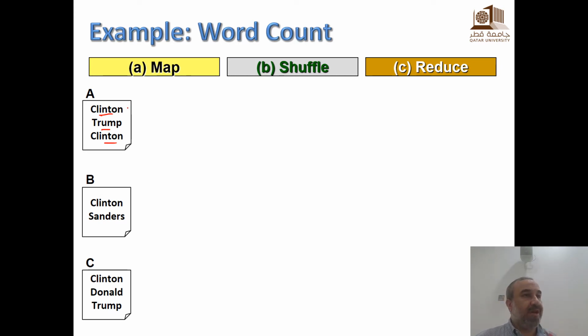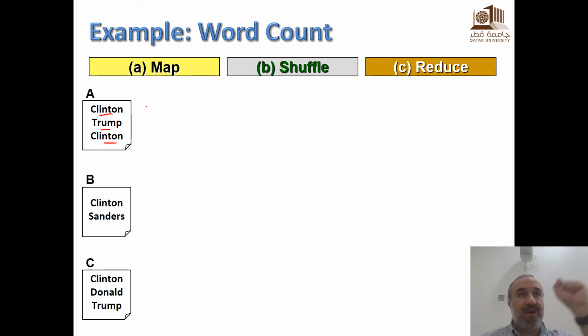So we can produce for each word... remember that we have to produce key and value also, right? The output has to be always in key and value, but all of the output records have to be of the same type, and these two types don't have to be of the same type as the input. Okay?